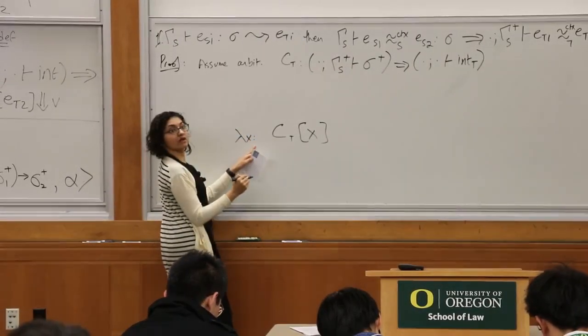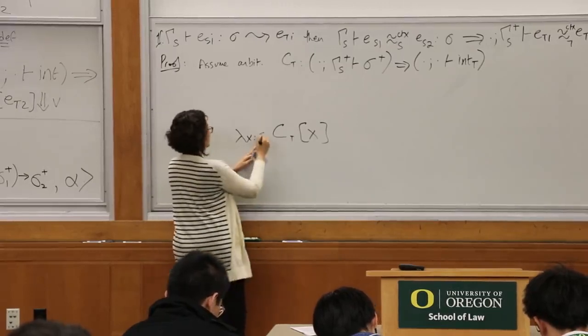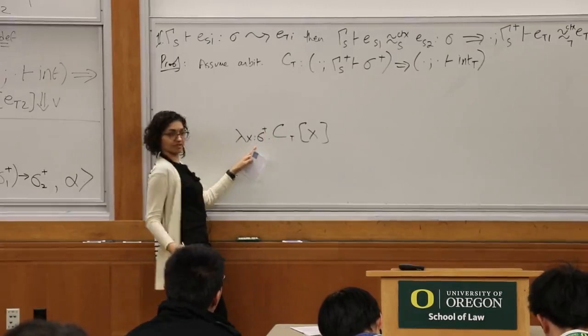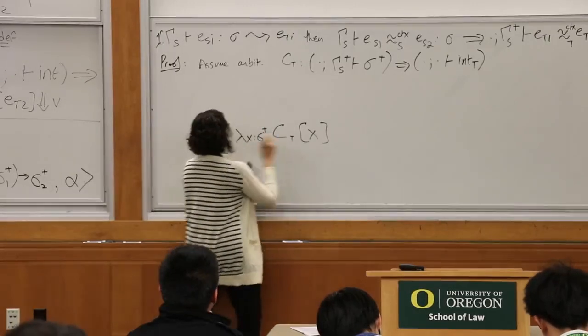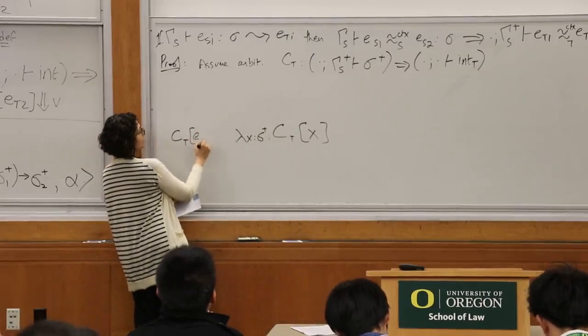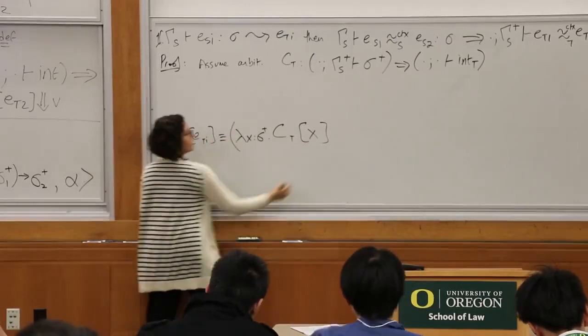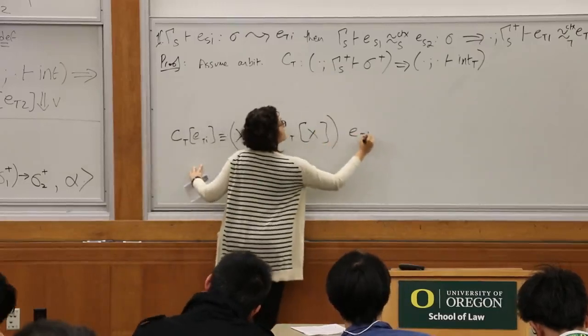What's the type of X? Sigma plus, because that's what I want to be able to put in the hole. So our idea is that whenever you can take the CT and plug it with one of the ETIs, we should be able to write it instead as this.